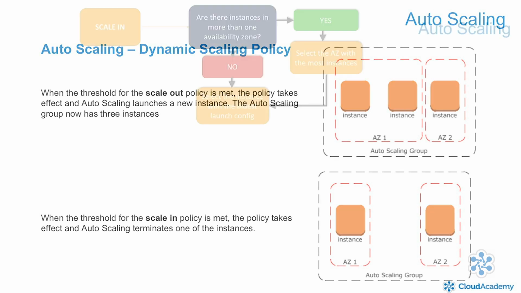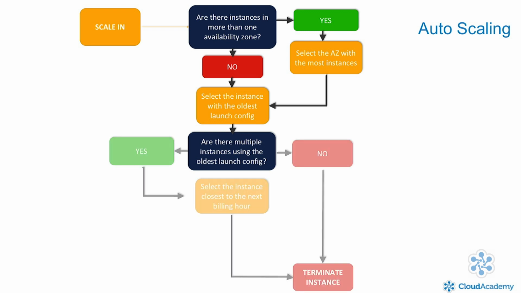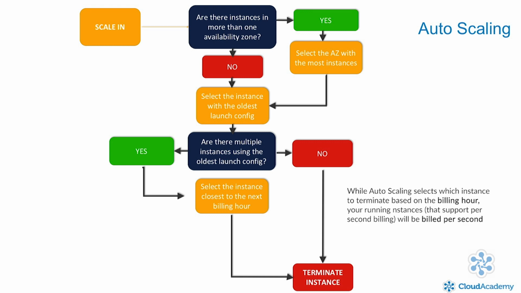If the group does not have a specific termination policy assigned to it, autoscaling uses the default termination policy. Autoscaling selects the availability zone with 2 instances and terminates the instance launched from the oldest launch configuration. If the instances were launched from the same launch configuration, then autoscaling selects the instance that is closest to the next billing hour and terminates that.